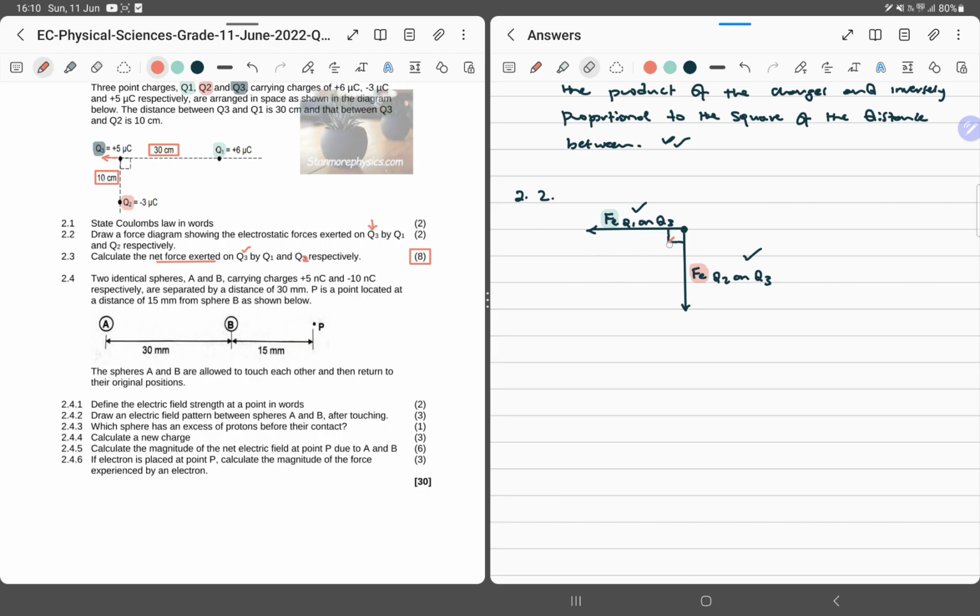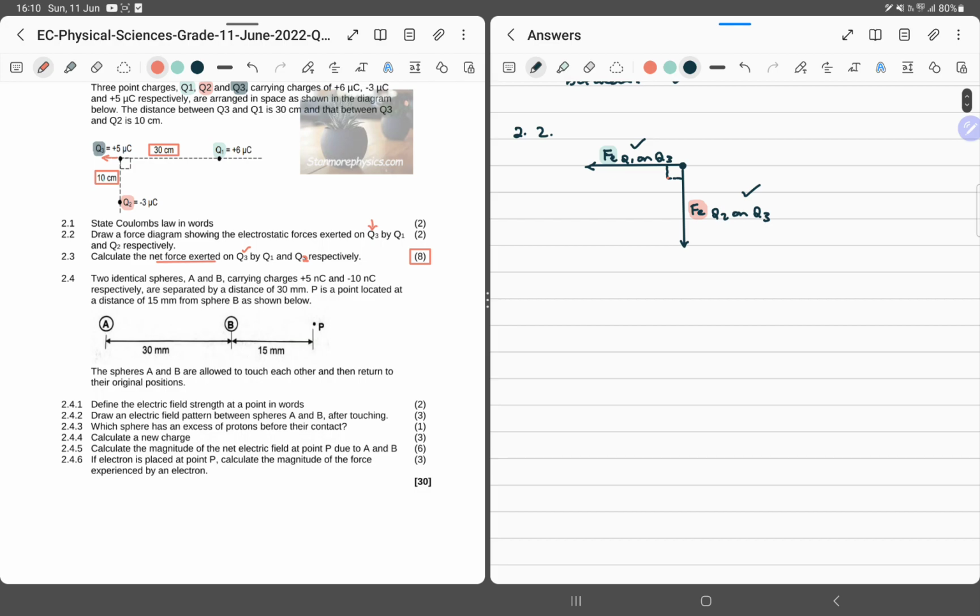So basically, we can start 2.3 here. We know that, of course, we've got this force going up like that, and we've got that one going like that. Although it doesn't look like the way it's supposed to look, guys. So we know that our resultant force is going to be directed.